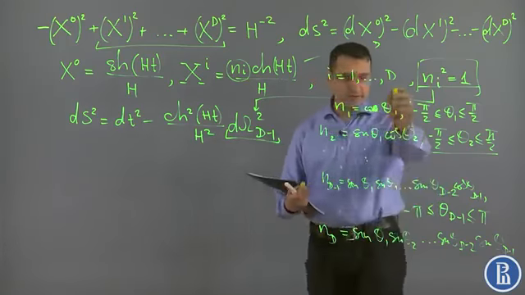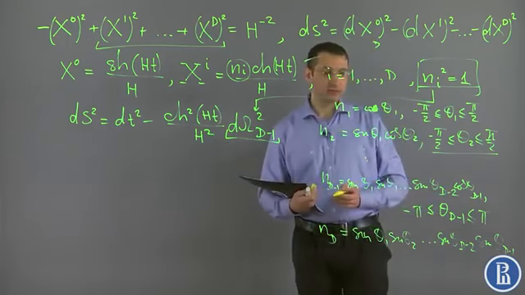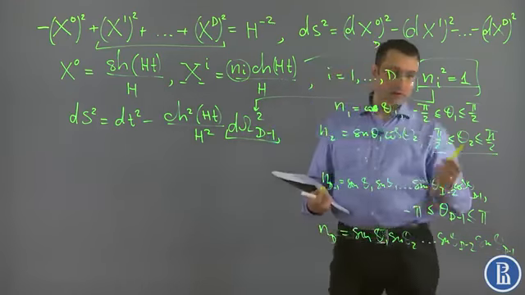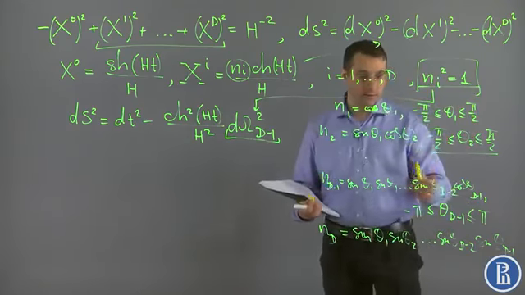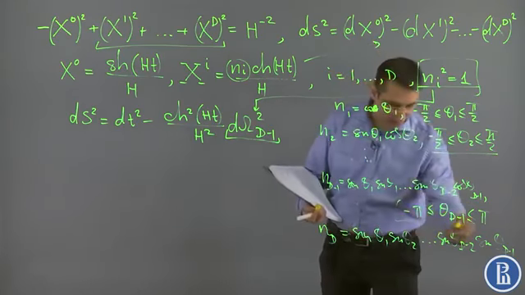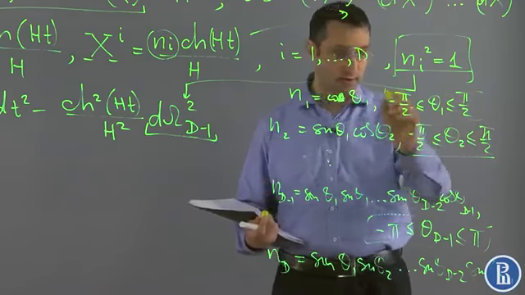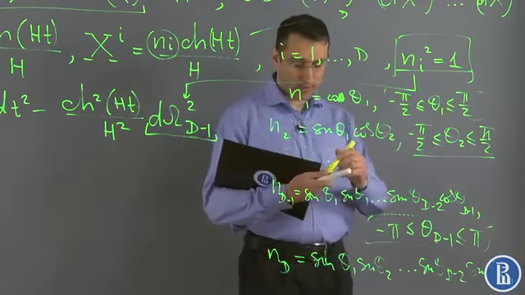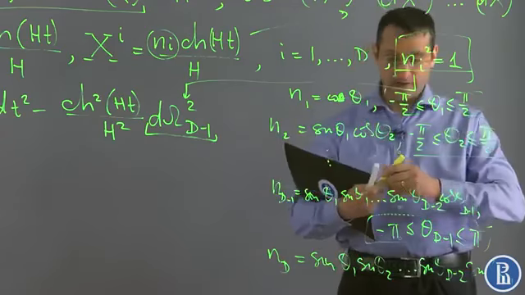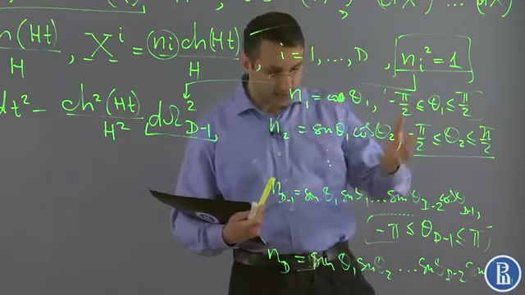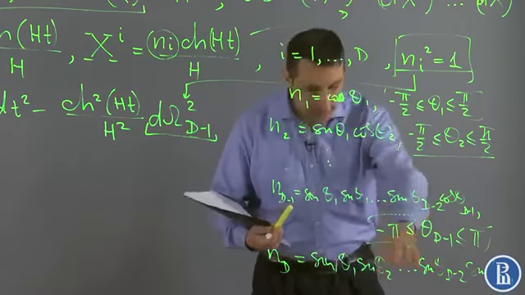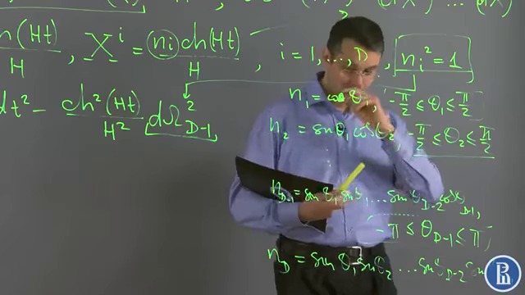So the situation is very similar to the case of the two-dimensional sphere. Remember, there are two angles, phi, which is ranging exactly in this range, and theta, which is ranging in this range. This is how we cover the two-dimensional sphere only once, and that is exactly the same situation that we encounter here.